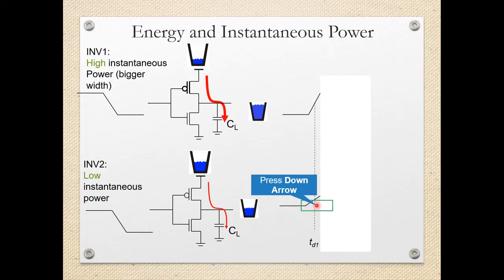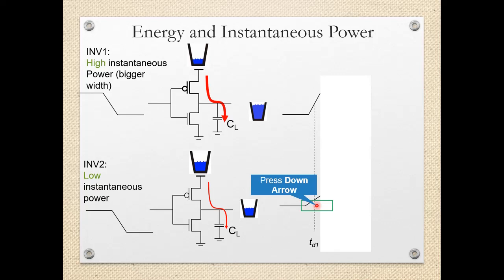So what does it indicate? From this source, the capacitor is getting charged, and you can see this line is thicker compared to this line. This shows that the charging current taken here is quite high, while the charging current taken here is quite low. This difference is because of the width of the MOSFET.